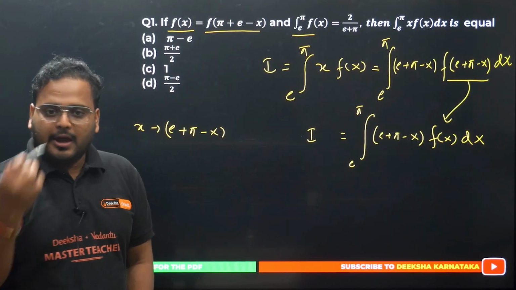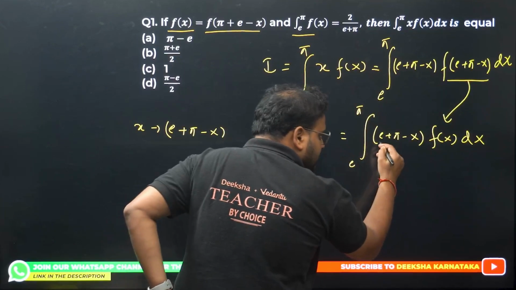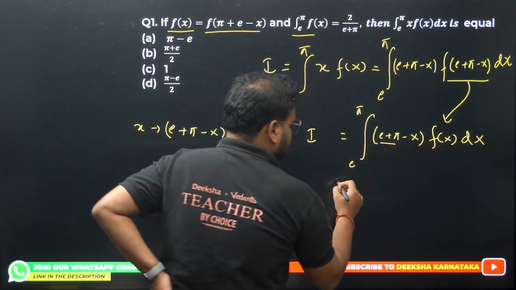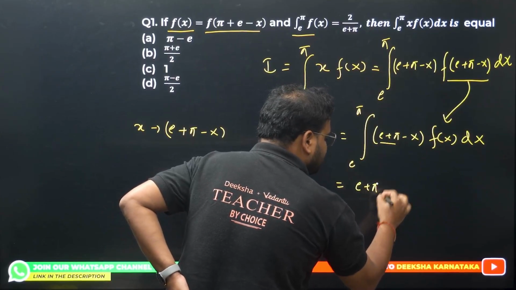Now separate this into two terms, e plus π together and x as a separate term. So I get e plus π as a constant outside.